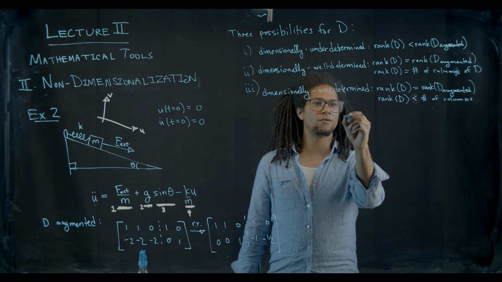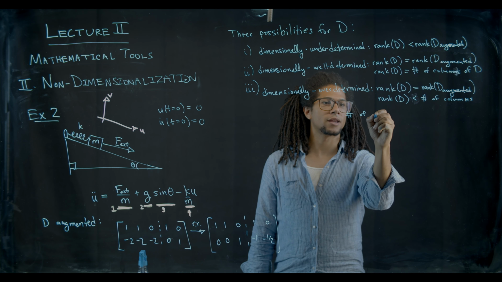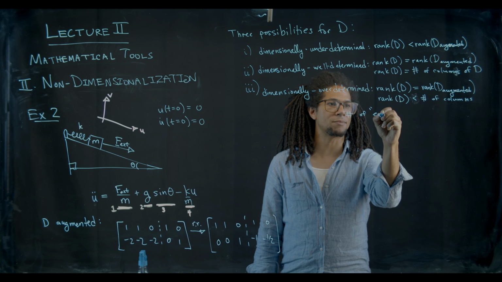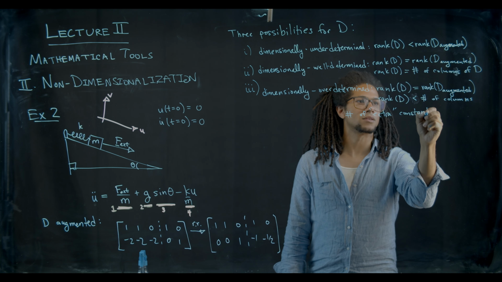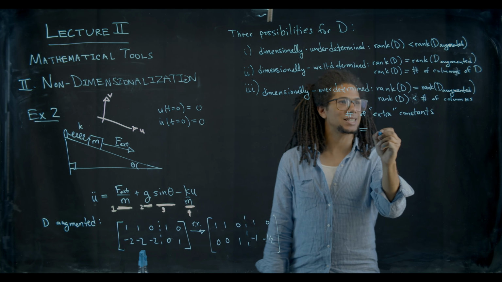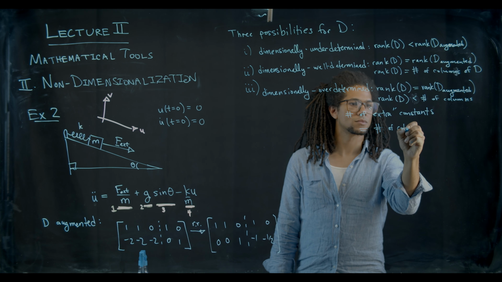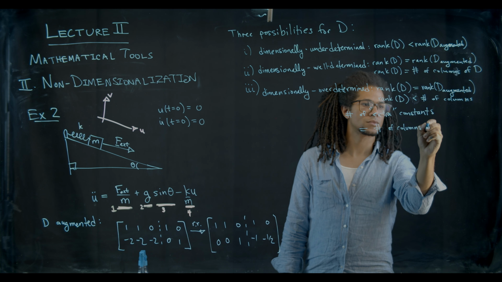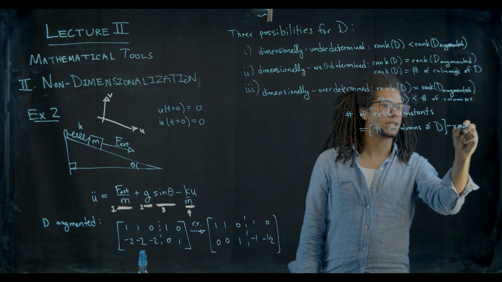And the number of, let's just say for the time being, extra constants, is exactly equal to the number of columns of D minus the rank of D.